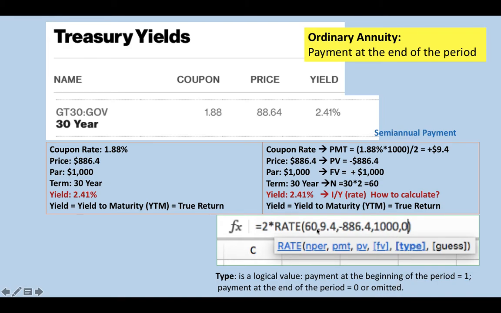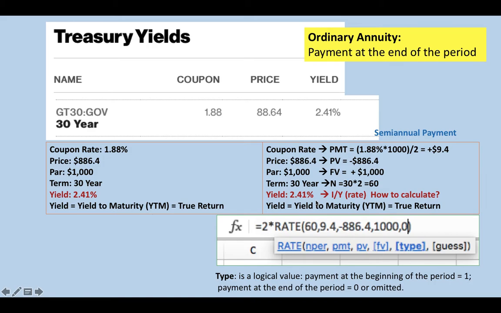When you input this information in Excel, you get the 6-month rate, so you have to multiply by 2 to get an annual rate. When you do this, you get 2.41%.